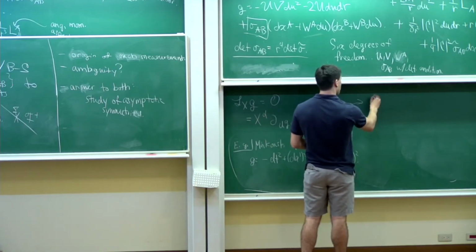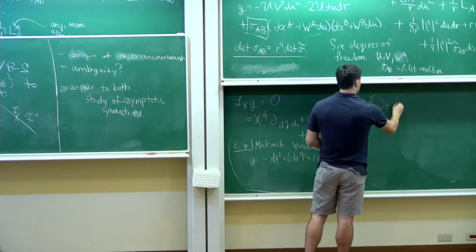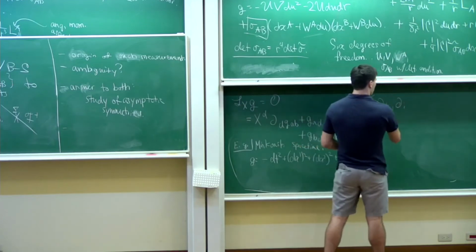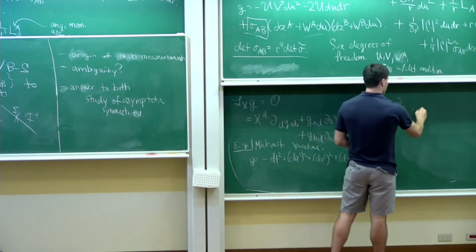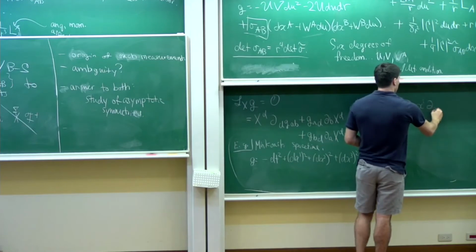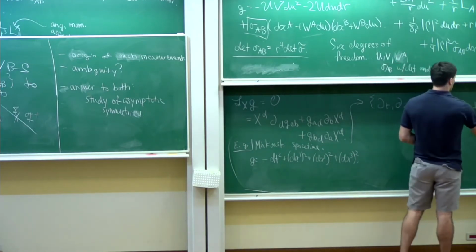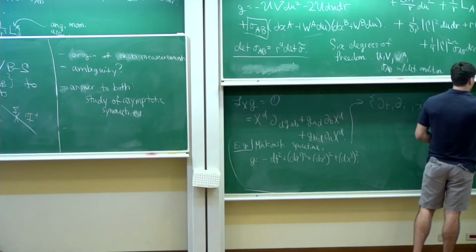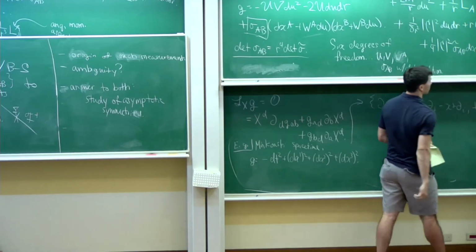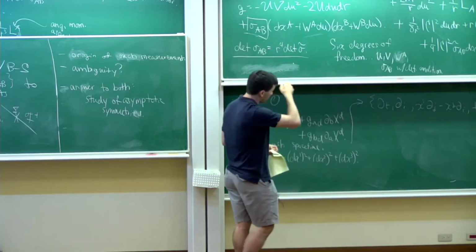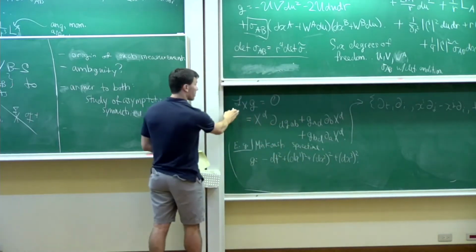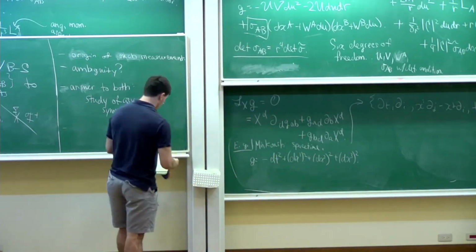Writing down a basis for such, you have the time translation and the spatial translations, and you also have the rotations, and finally the boosts. So some 10-dimensional set of symmetries of Killing vector fields that satisfy the following.